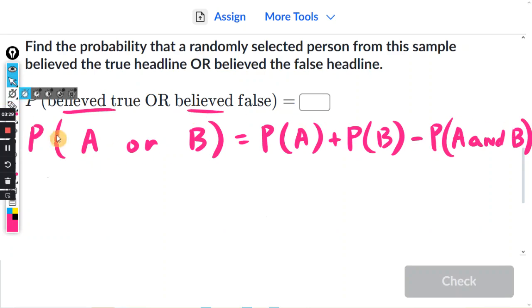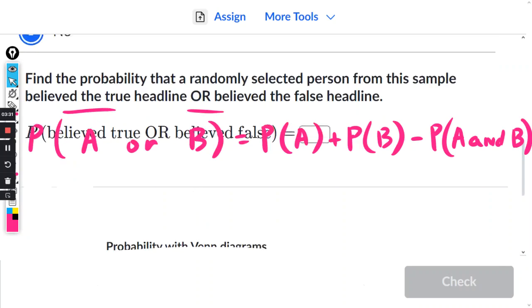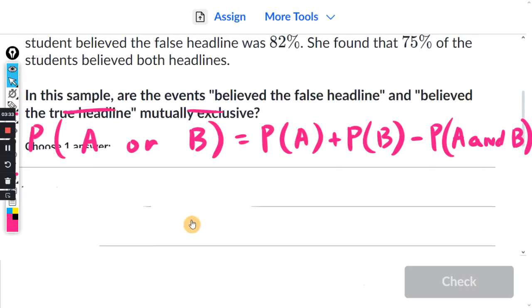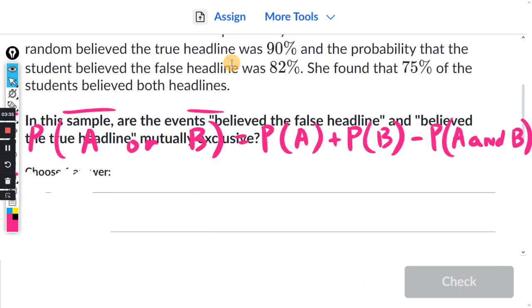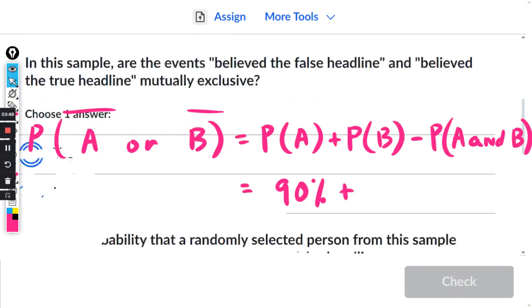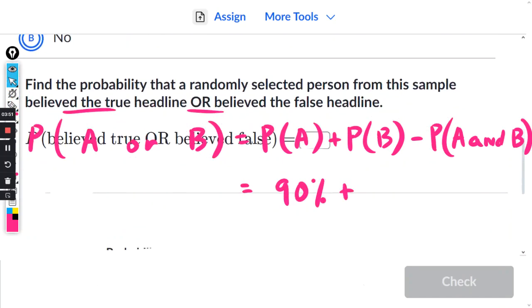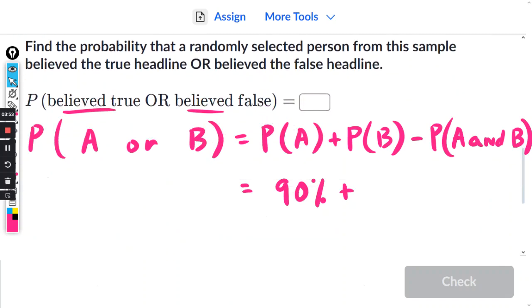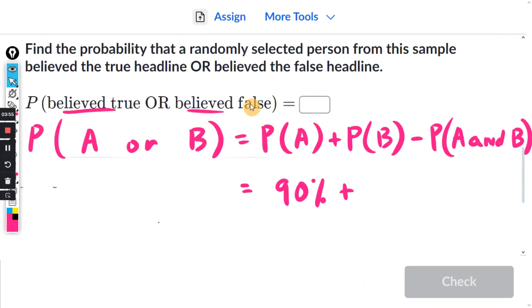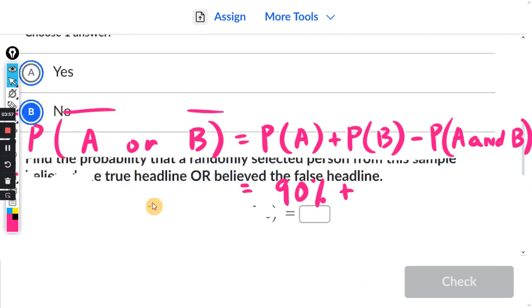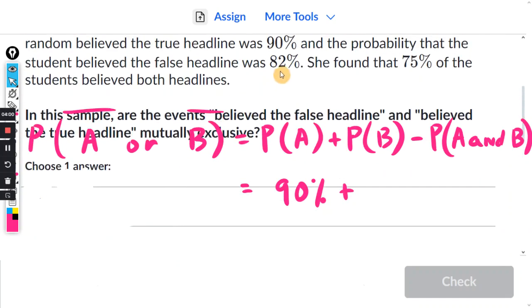And if we scroll up, how many believed it was true? We just underlined it a minute ago. The ones that believed it was true was 90%. And for the second part, the ones that believed it was false was 82%.